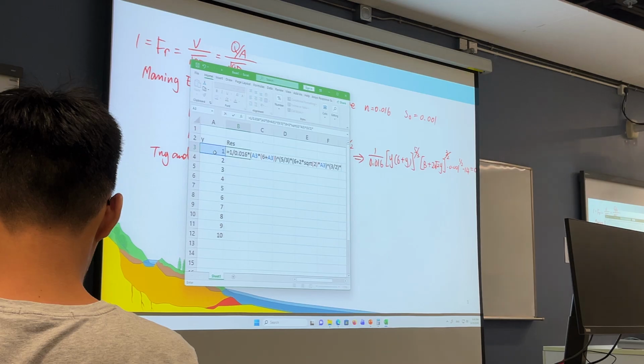Actually, you can say the square root of 0.001.